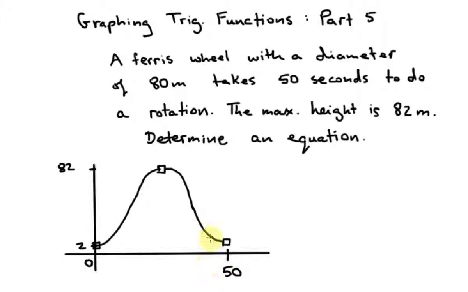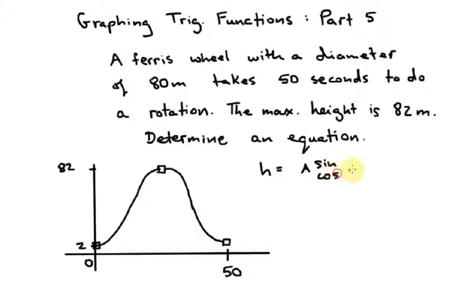I think I've got everything I need drawn out here, so I'm going to start filling in some of the information. Remember, your basic trig equation starts with an amplitude. Let's go with height equals A, sine or cos, we'll determine that afterwards.